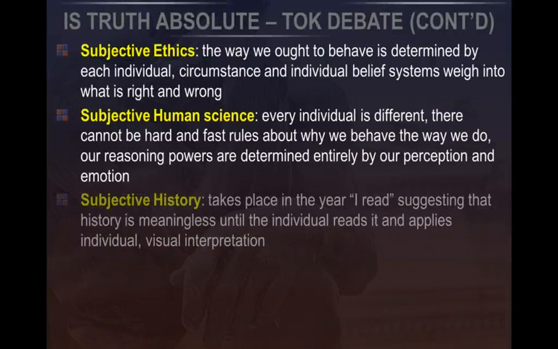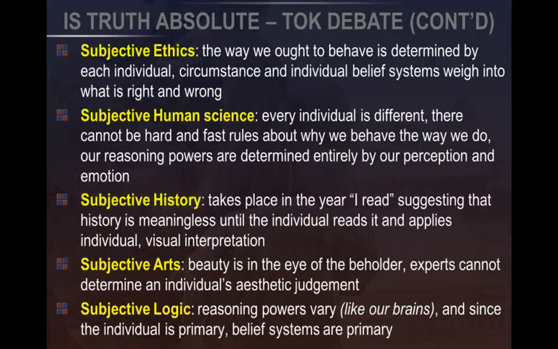So subjective ethics. How we ought to behave, and that's a TOK term you're going to hear a lot from me, ought, is determined by each individual circumstance and individual belief system, and that weighs into what's right and wrong. Human sciences: every individual is different. There cannot be hard and fast rules about the way we behave.